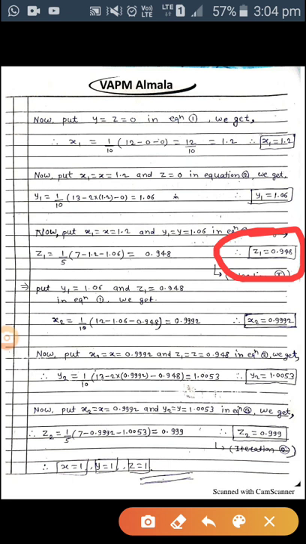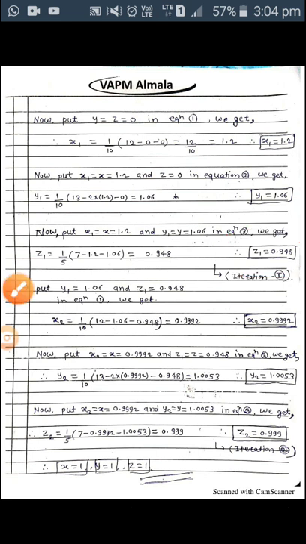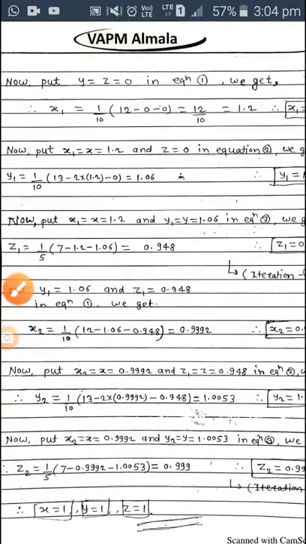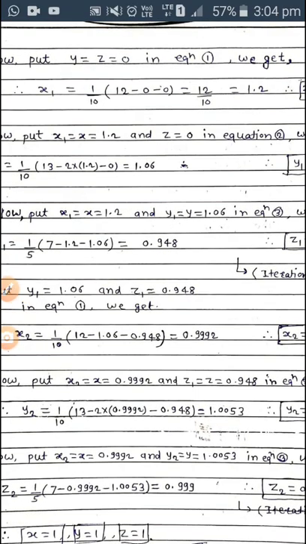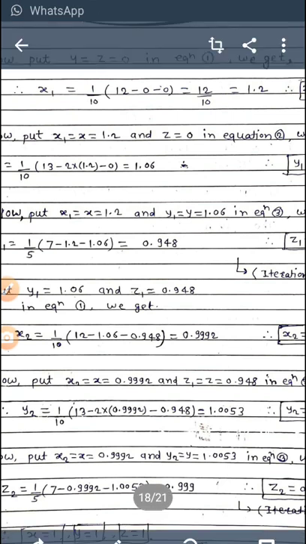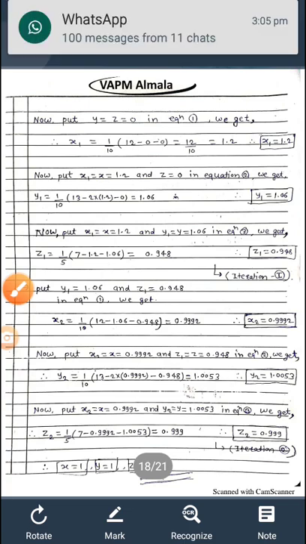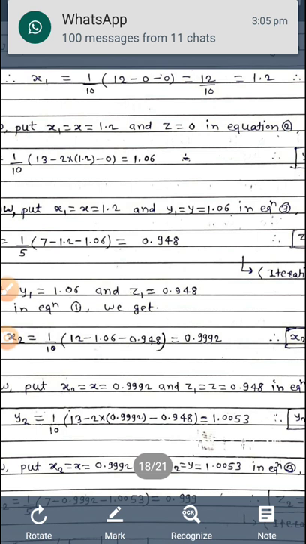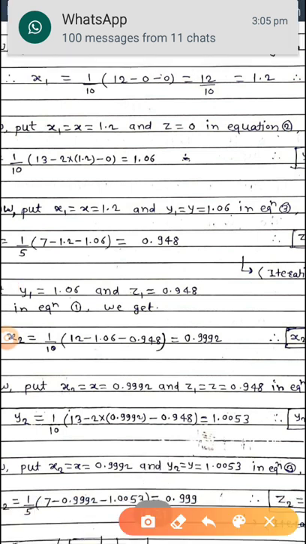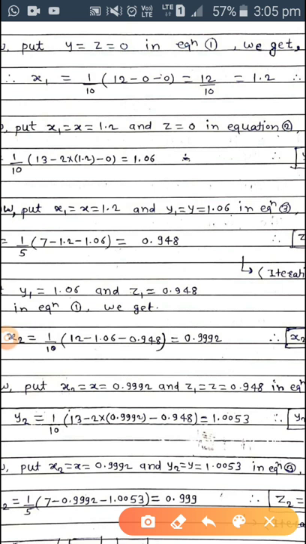In this way, we can obtain the second value of each of x, y and z, that is x2, y2, z2. How? Now we have three values x1, y1, z1.